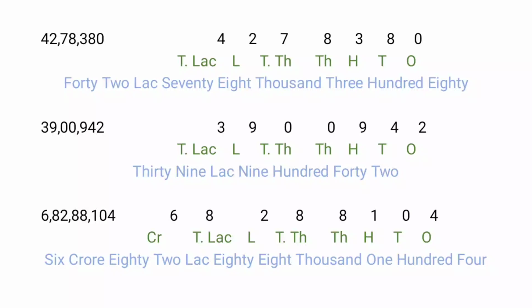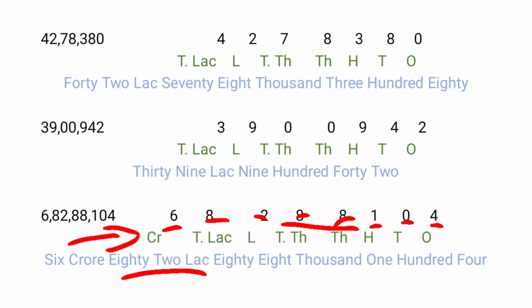Next, it is an 8-digit number. Its places are ones, tens, hundreds, thousands, 10,000s, lakhs, 10 lakhs, and crore. Start reading from this side. The place crore and its digit is 6, so 6 crore. 82 on lakh, so in combined form 82 is written as 82 and its place lakh. 88 on thousands, and the last digits will be written as 4 only.